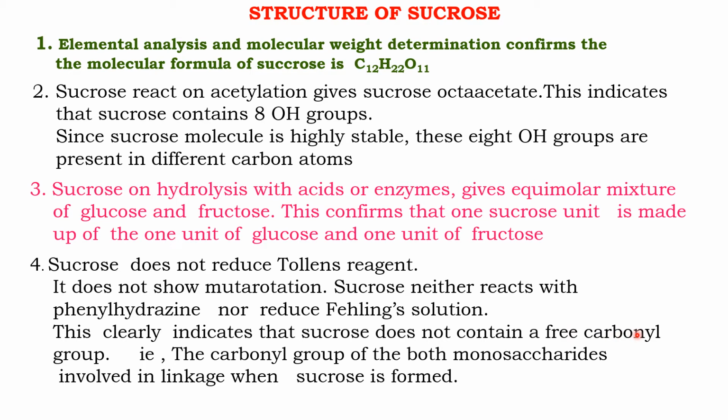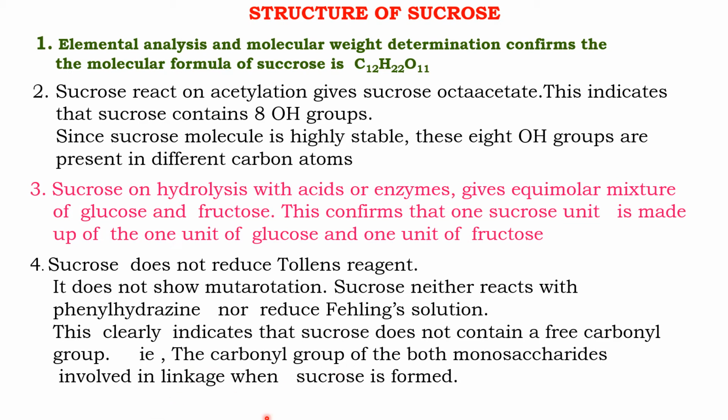Glucose has a free carbonyl group, that is the aldehyde group. Fructose has a free ketonic group. But when glucose and fructose combine, the resulting molecule sucrose does not have a ketonic group or an aldehyde group.